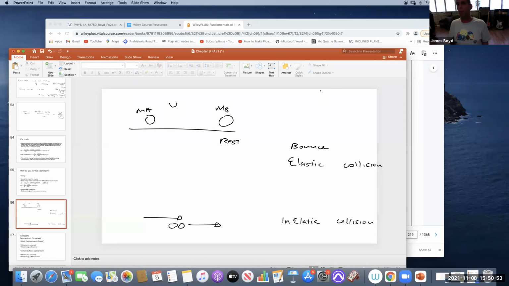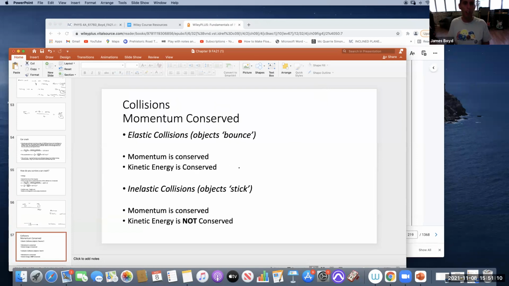Inelastic collisions, we generally talk about in any physical case. An elastic collision is usually set up like a pair of billiard balls. That's just the way it is. And we'll talk about what they each mean. In an elastic collision, they come in, this one strikes, this one bounces off and this one heads off the other way, usually.